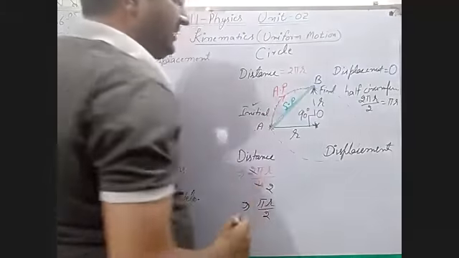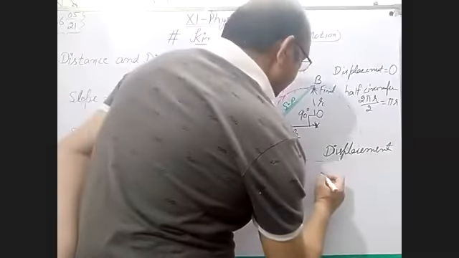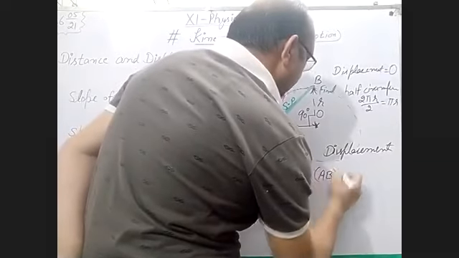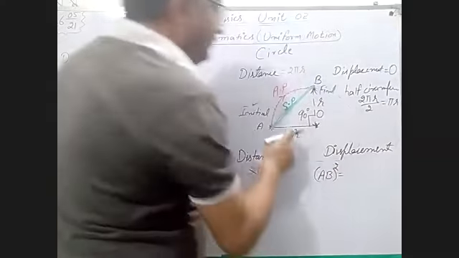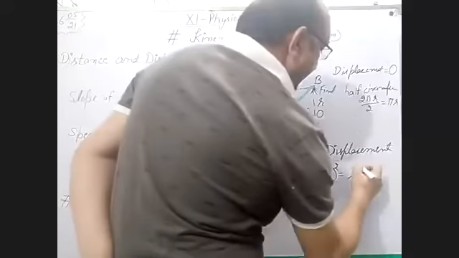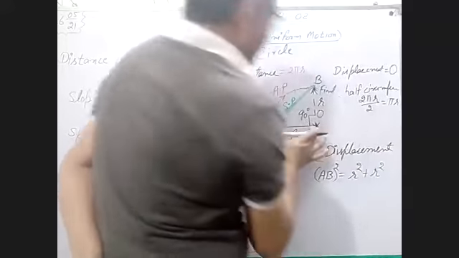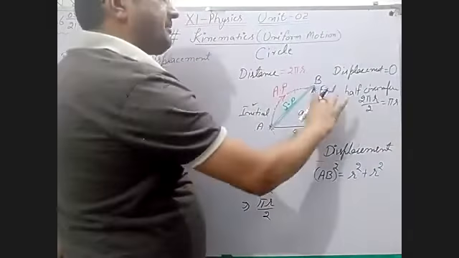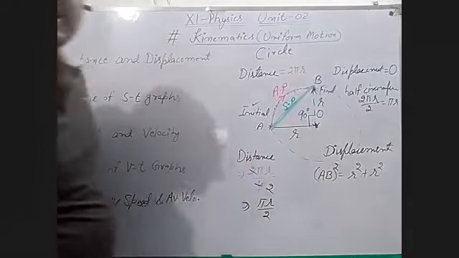What is Pythagoras? The square of this is equal to the sum of squares of these. This is base, this is perpendicular: perpendicular square plus base square.